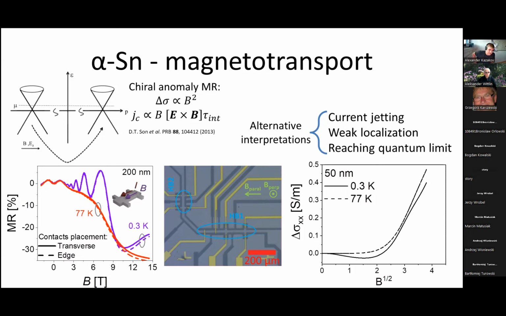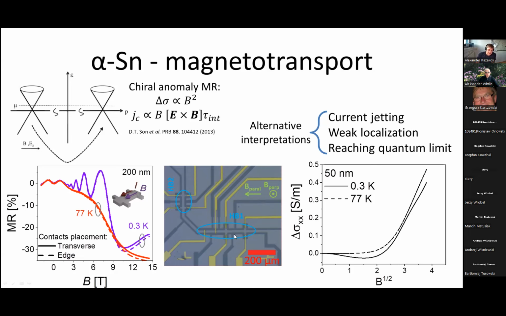The current jetting we also do not believe is the case. In HB1 we have two types of contacts. One is laying on the edge of the whole bar, another is covering the whole channel. These two contacts show the same behavior, so by comparing results from these two sets of contacts, we exclude current jetting.